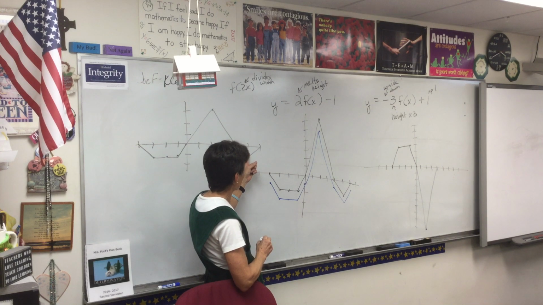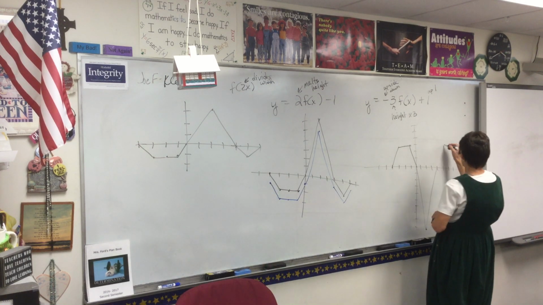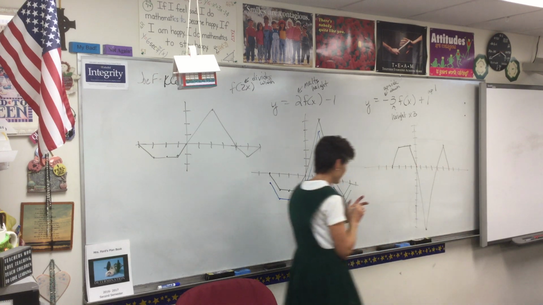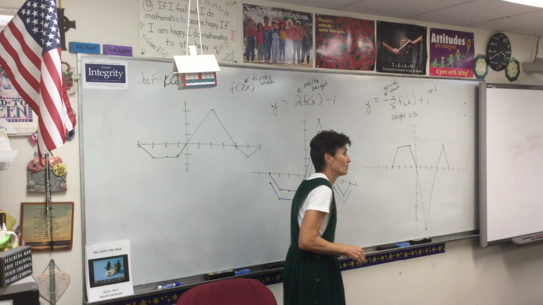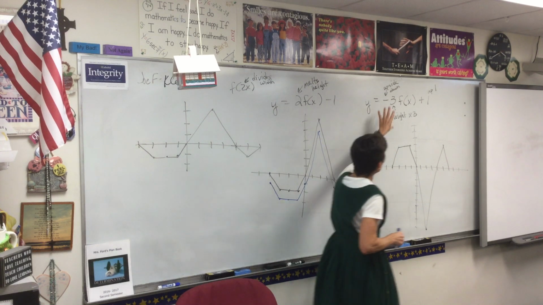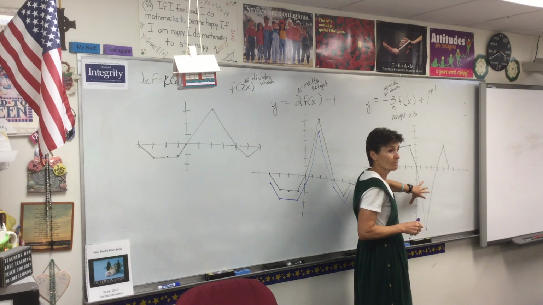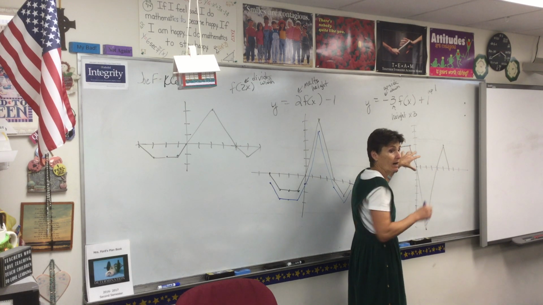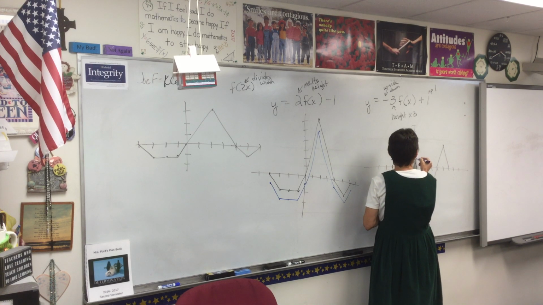And then this baby triangle is going to flip up, and it's going to be 3 tall. Now we're not done. This is what you got to be careful of. You got to be careful that when you do it in stages, you don't forget to finish it. That took care of this part, right? So now I still need to take the whole shebang and lift it up 1. So everything is going up 1.